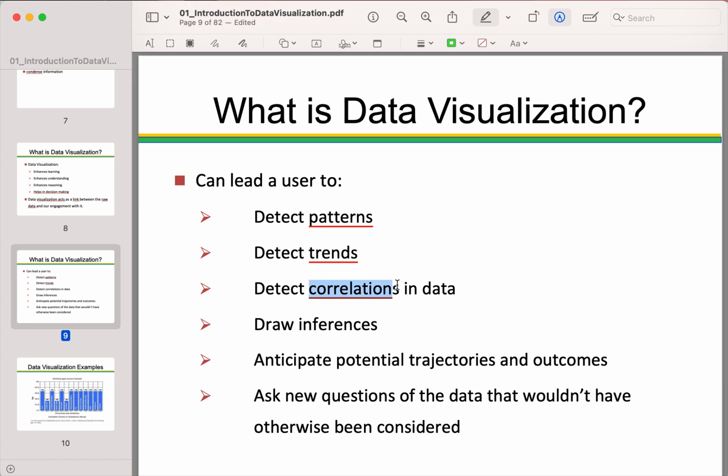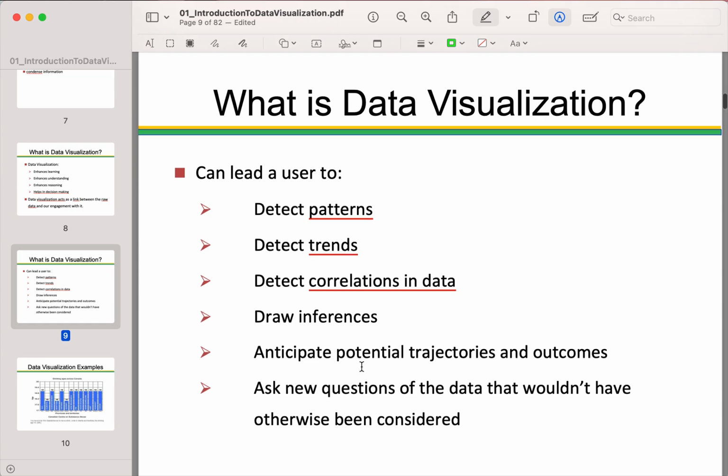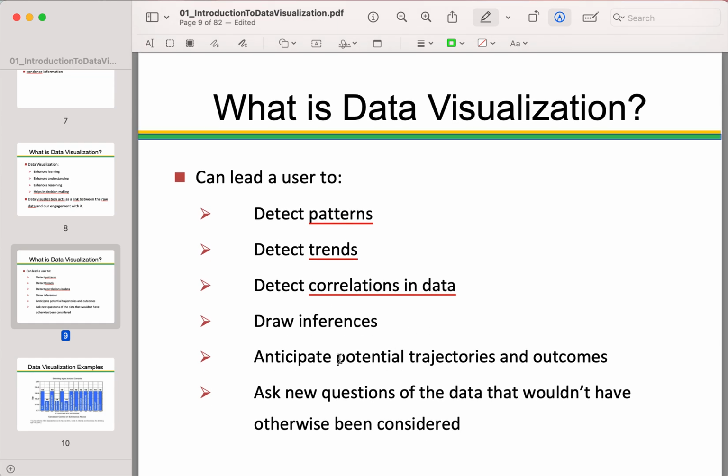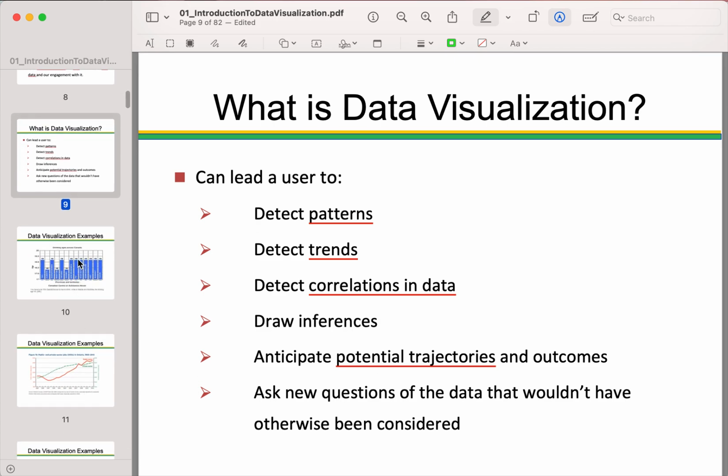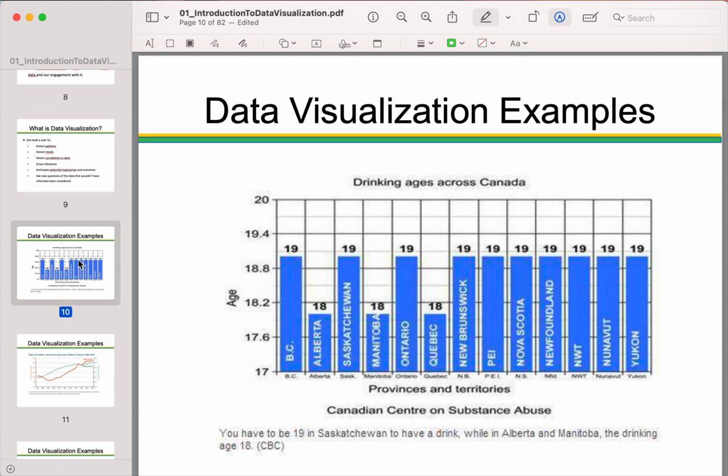It might help to find correlations in the data. It might help to determine potential trajectories and outcomes that would otherwise not have been considered. So let's look at a few more examples.